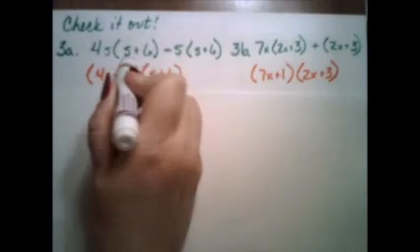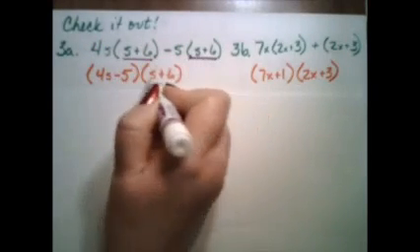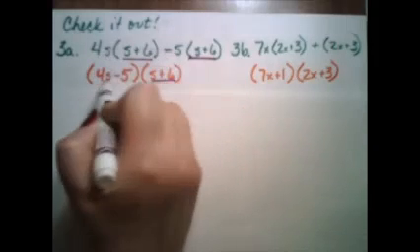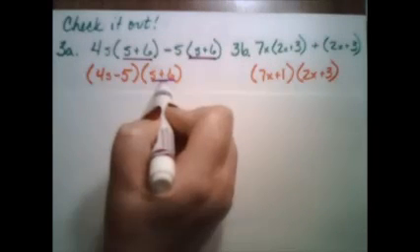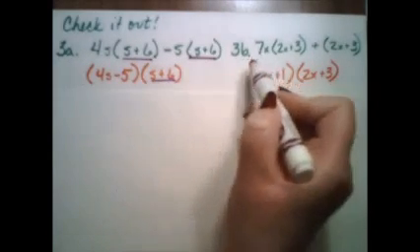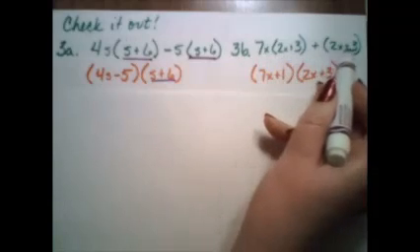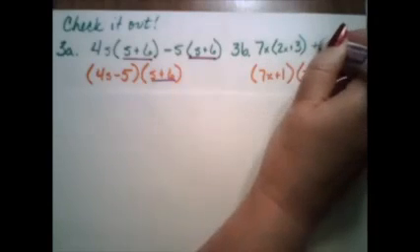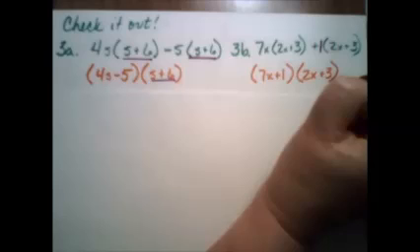For 3a, we have s plus 6 and s plus 6 and 4s minus 5. So we end up with this answer. For 3b, we have the same factor, and we remember that that means times 1.